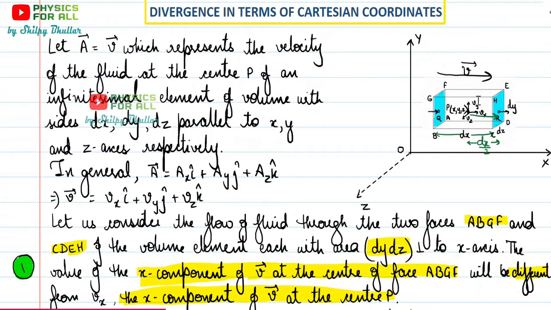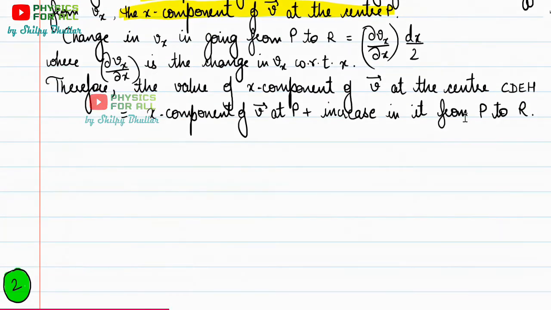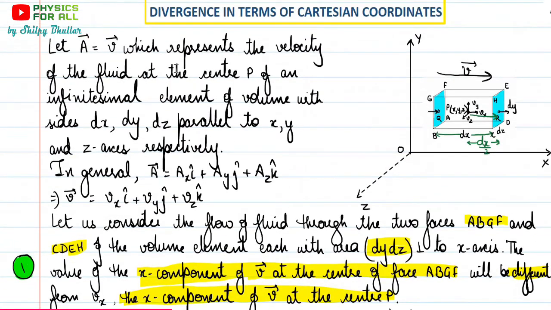Now what is the value of the x component of V at P? We consider that at point P, the components of vector V are Vx, Vy and Vz along all three axes. So the x component is simply Vx. Then what is the increase in it? Obviously, because this flow is along the positive direction of the x-axis, the value would definitely increase.